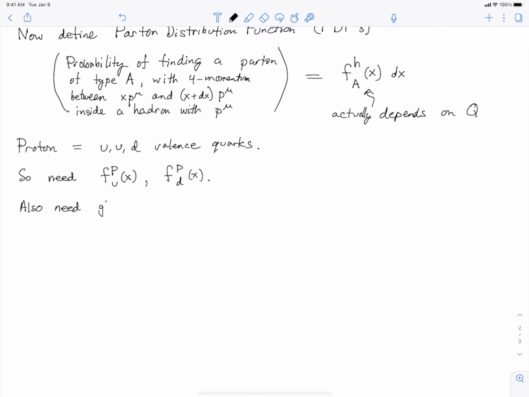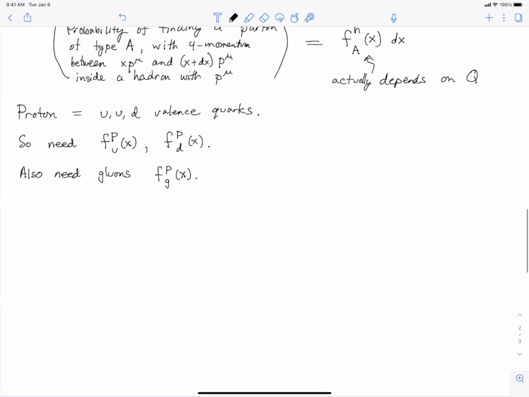for gluons. There's some probability that if you look inside a proton, you'll see a gluon. So there's a parton distribution function for the gluon inside the proton, which also depends on x. And there are also virtual quark and anti-quark pairs. So it's not just up and down.